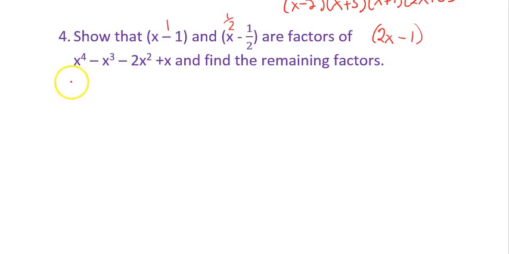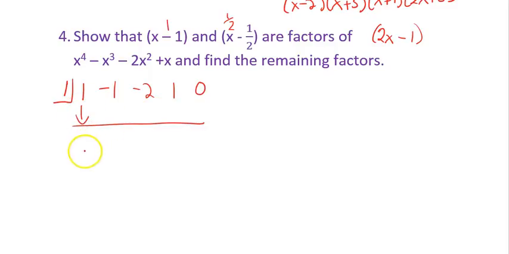Alright, so when we go to do synthetic division, I'm going to use the 1 first. I didn't jump any powers, but I don't have a number on the end, so I need to put a 0 in for the number. So I'm going to use 1, -1, -2, 1, and then a 0 for the plain number. Bring down the 1. 1 times 1 is 1.